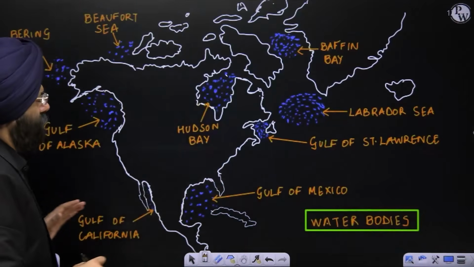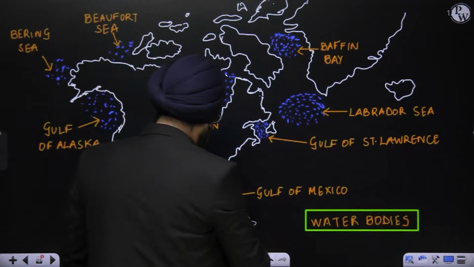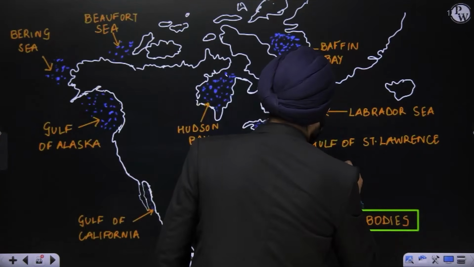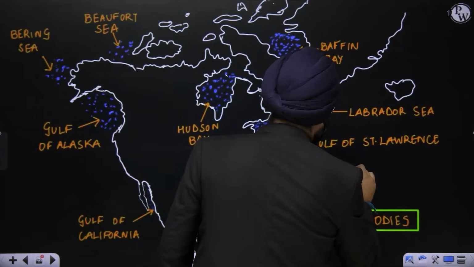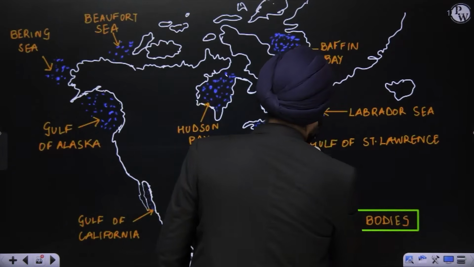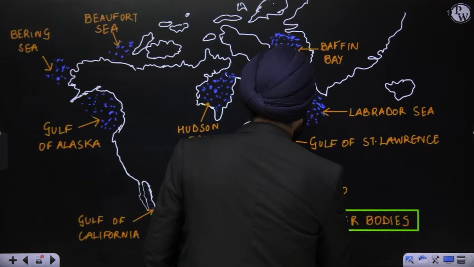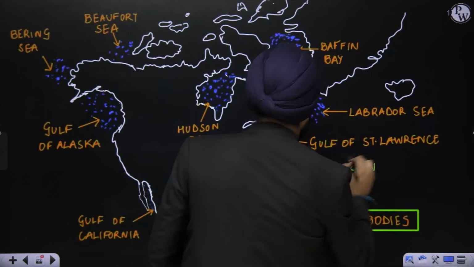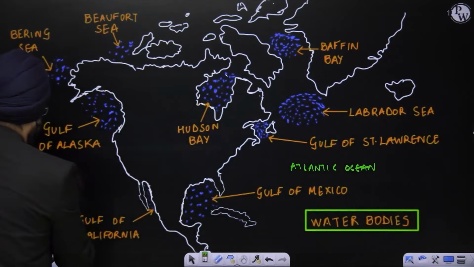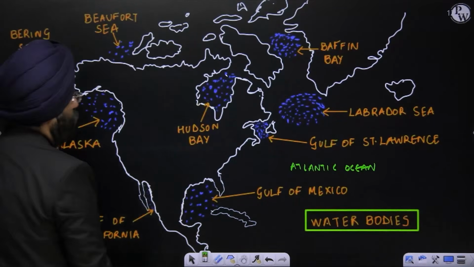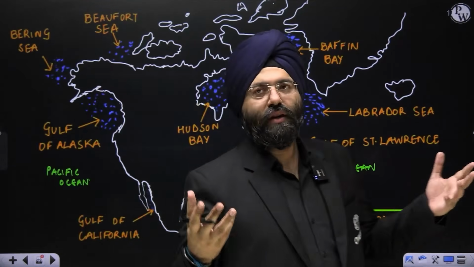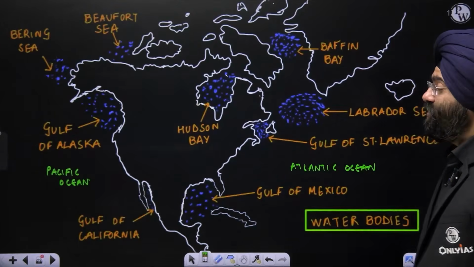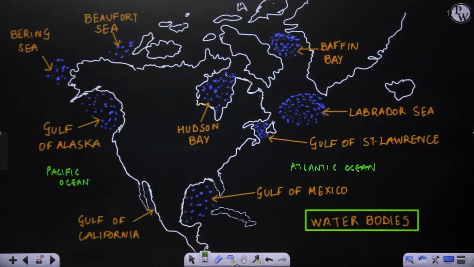Along with that, please remember, you have the Atlantic Ocean over here. You have the Pacific Ocean here. Again, oceans over here should also be marked. So please pause the video and quickly note it down.